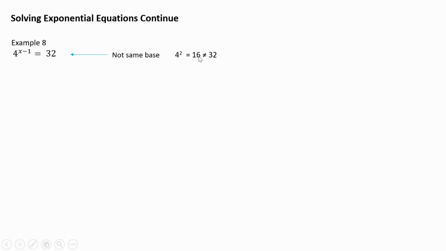So 4 squared is 16, right? Does not equal 32. So let's try 4 cubed. It will give us 64. You see, it's too much. So I know that we have to find the same base between 4 and 32. So I know that 2 squared is equal to 4, and I know that 2 to the 5th power will give me 32.